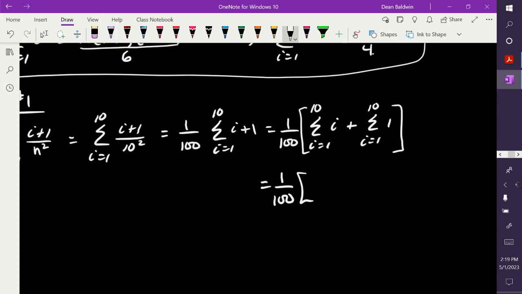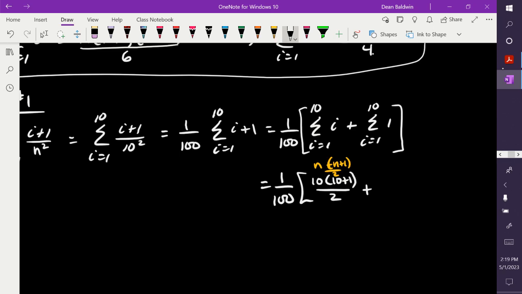This first bit becomes n plus 1 over 2, times n. What's my n value? 10. So it's 10 times 10 plus 1 all over 2. n is just 10. I just put the yellow in there so you can see what formula I'm using.